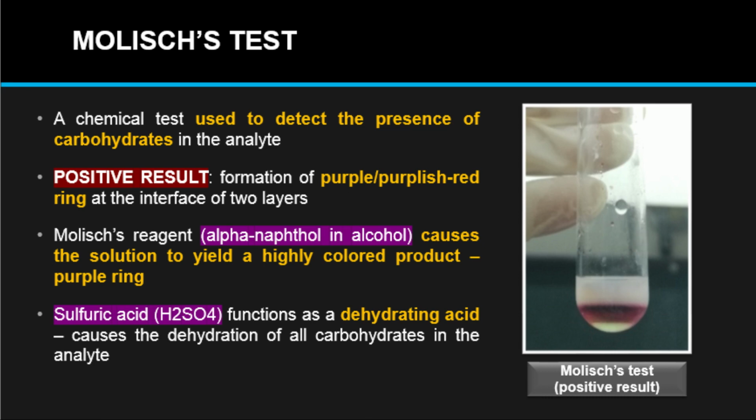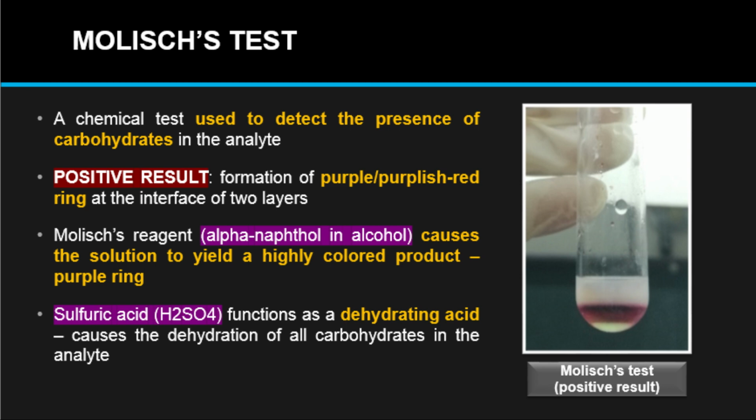Molisch reagent comprises alpha-naphthol in alcohol, so it causes the solution to yield a highly colored product. It is a condensation reagent, as I said in the previous slides. And sulfuric acid acts as a dehydrating acid, which causes the dehydration of all carbohydrates in the analyte.